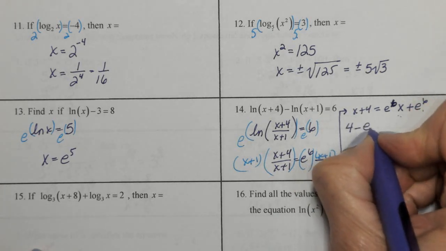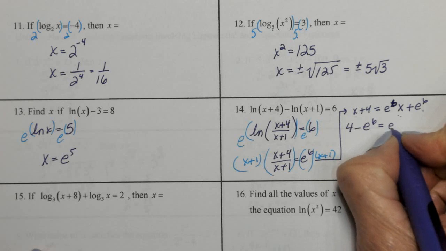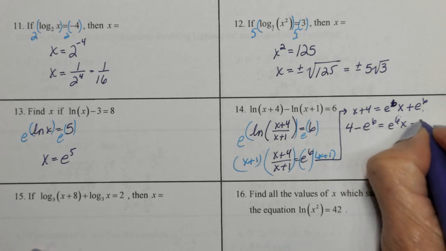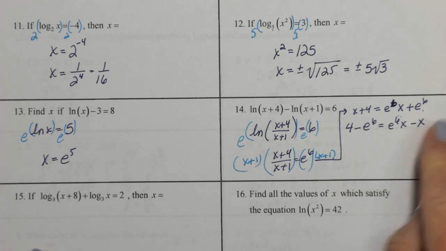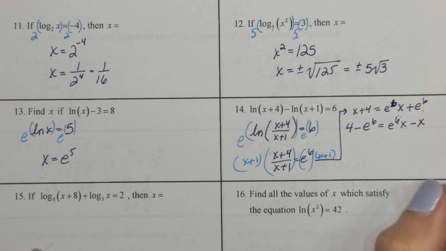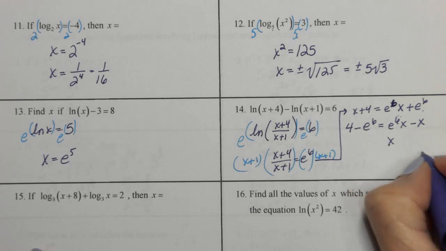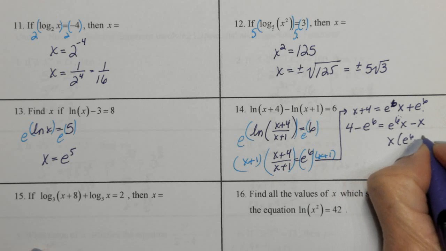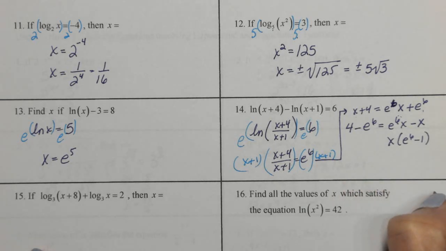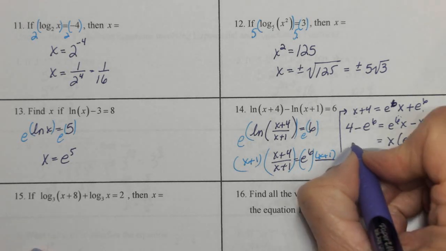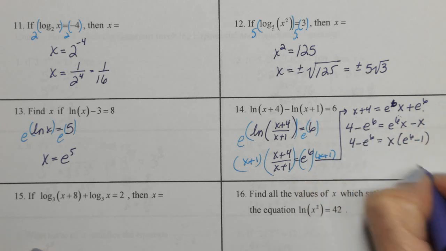So 4 minus e to the 6th is e to the 6th x minus x. I'm still trying to get x by itself. I'm going to factor out an x. And I'll have x times (e to the 6th minus 1) is 4 minus e to the 6th.